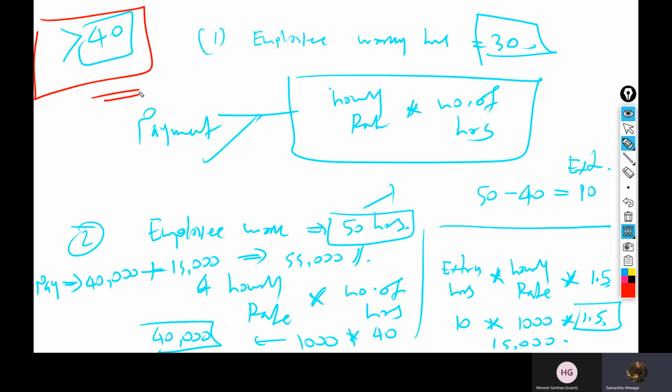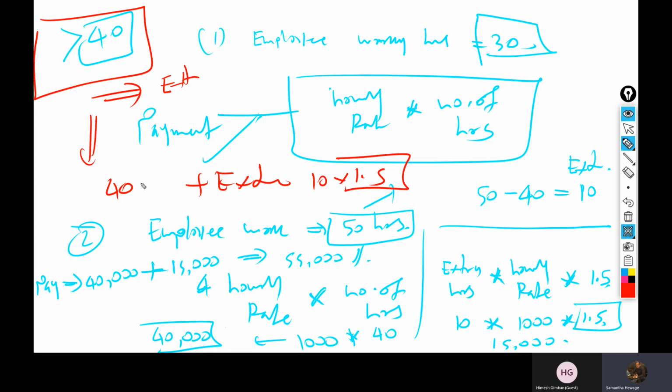Then only you are getting additional payment apart from the normal payment. That means you get two payments: the general payment for the 40 hours, and the extra hours payment for the hours more than 40. Extra hours get the 1.5 rate. Here only normal rate. Got it?